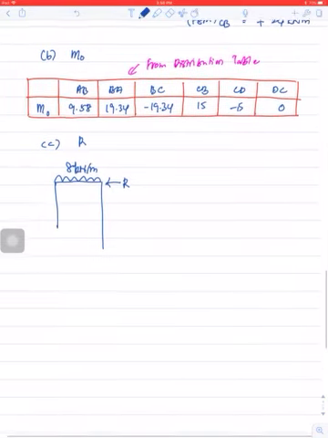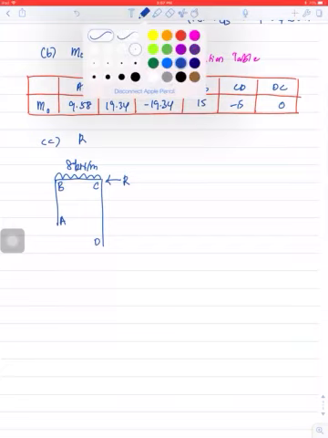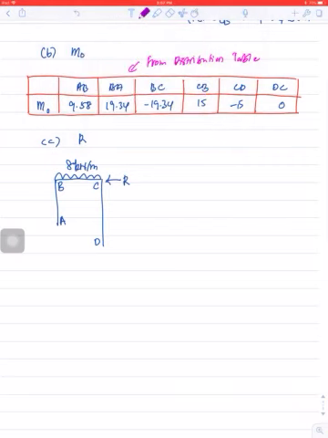This is the reaction due to an imaginary pin support located at C. So since A is fixed, this is B, this is C, this is D. A is fixed, so we will have 3 unknown reactions at the fixed support: VA, HA, and MA. And at D, since D is a pin support, we should have VD and HD.